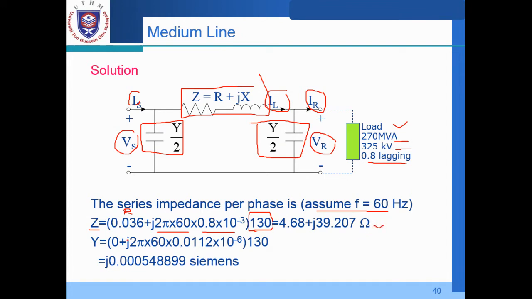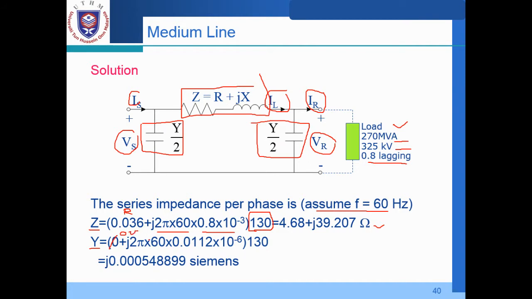So now it turns to calculate the value of the admittance Y. Remember G, the conductance, is equal to 0.